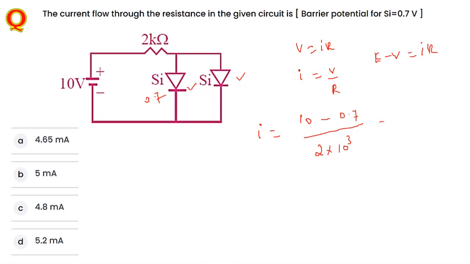So 10 minus 0.7 is 9.3, divided by 2 into 10 power 3, that is into 10 power minus 3. So 9.3 divided by 2 gives 4.65, into 10 power minus 3 is milliampere of current. So in this case the answer here is 4.65 milliampere.